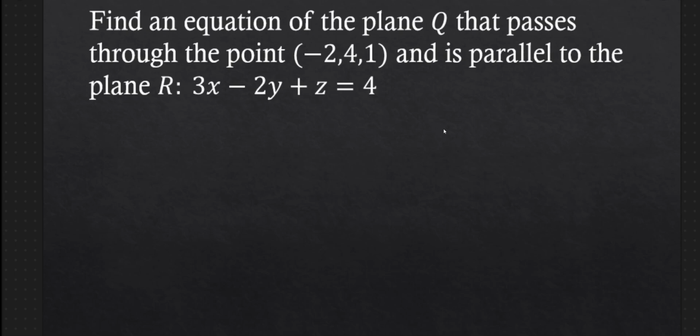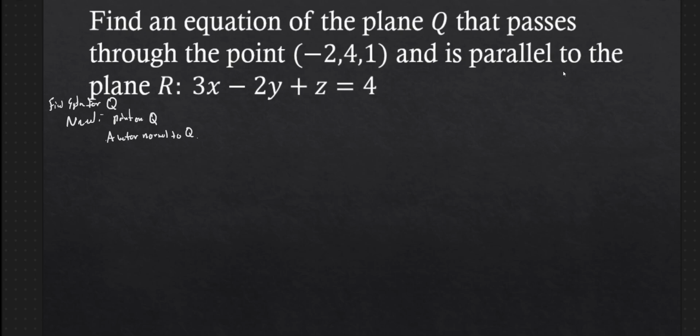Okay, so we want to find an equation for our plane Q. What we need is a point on Q, and we need a vector normal to Q. All right, so that's what we need.